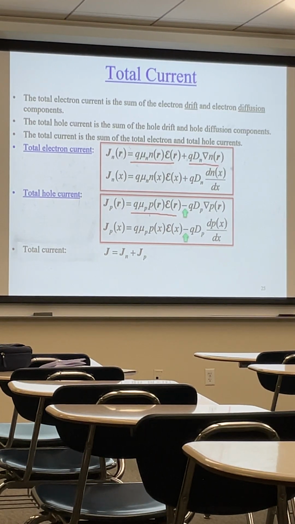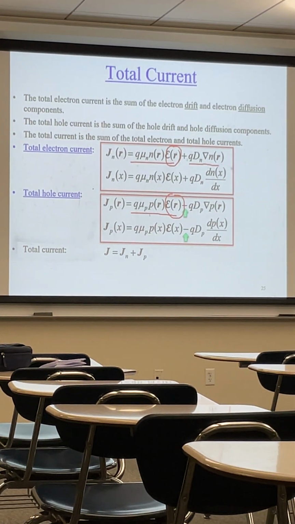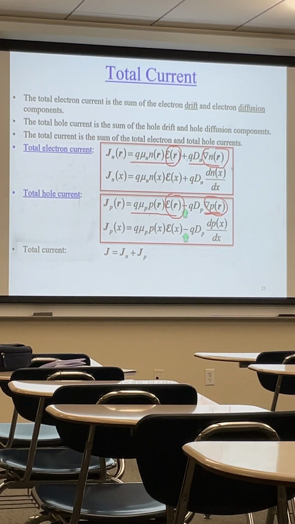You can look at this expression: the direction is determined by the electric field, and these two are along the same direction. But for the diffusion current, because we have this plus sign and minus sign, this can lead to some difference in the diffusion current directions for electrons and holes.